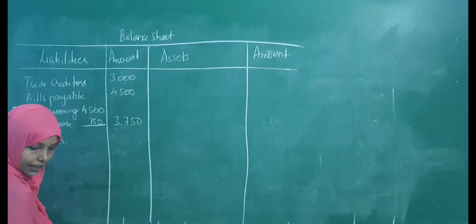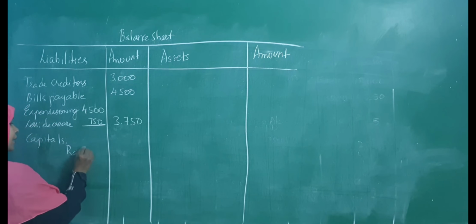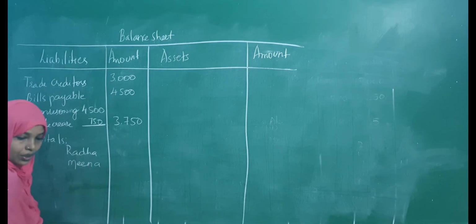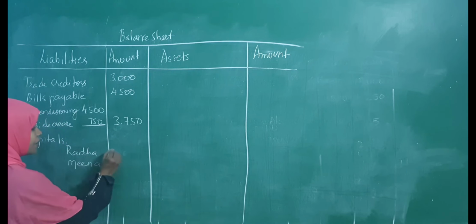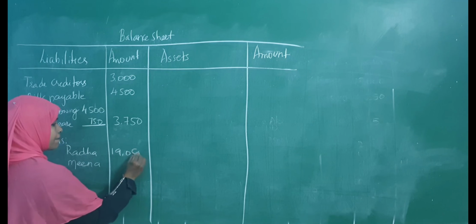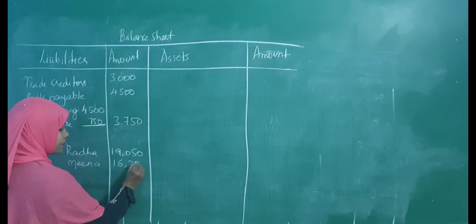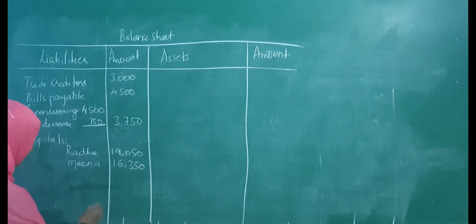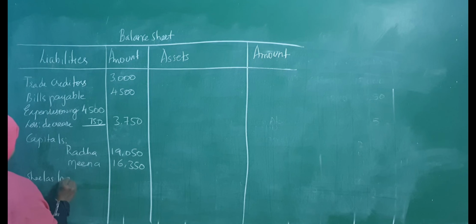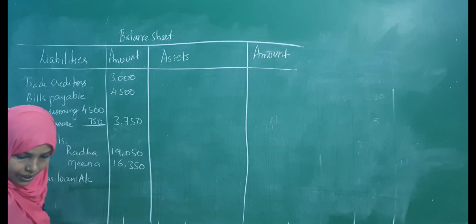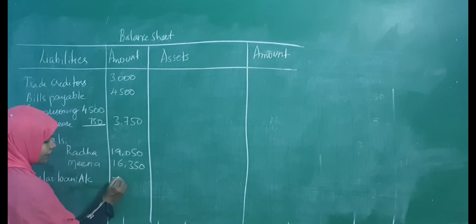Who are the partners? Radha and Meena. Radha, Meena. Okay, Radha's capital 19,050. Then Meena's is 16,350. Then Sheila's loan account. Loan account. It is 24,450.